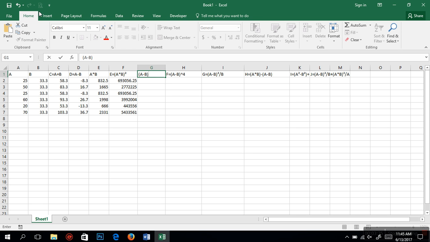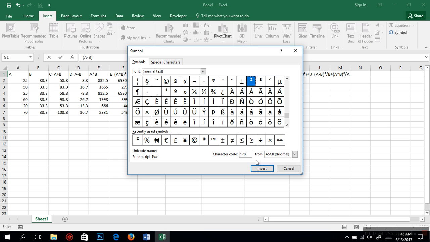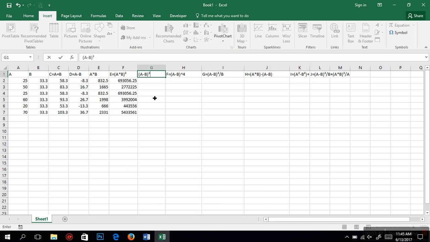We'll go to insert, go to symbol to put this raised to power 2, click on insert, close that. Now this will give us equal to, this is our A minus B times A minus B, that's square. That gives us this. So this is A minus B raised to power 2.